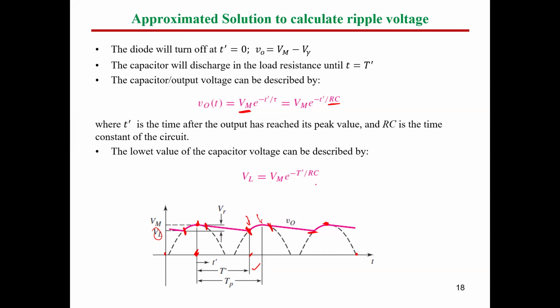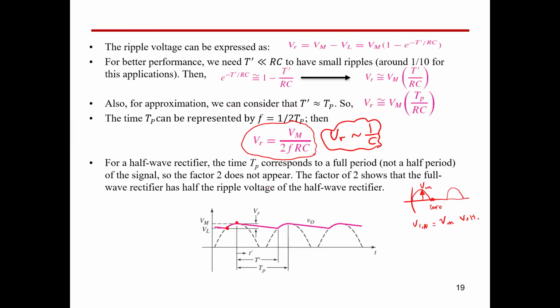If you subtract V maximum minus VL, it will provide us with the ripple voltage equation. So we can say now V ripple equals V maximum minus VL. So this is going to be V maximum times 1 minus e to the power minus t prime divided by RC. Okay.